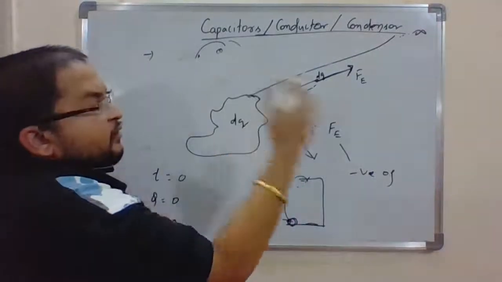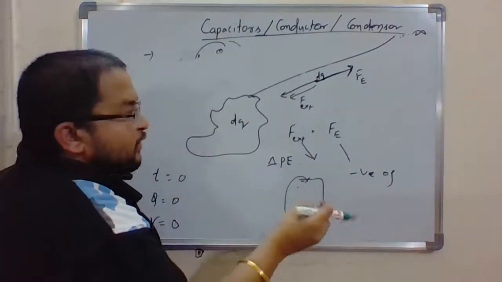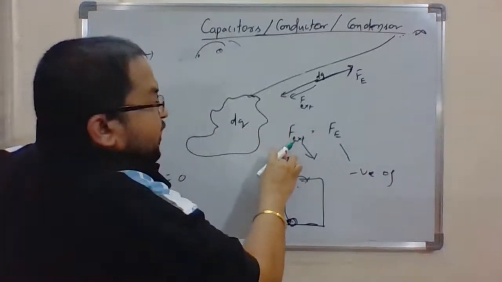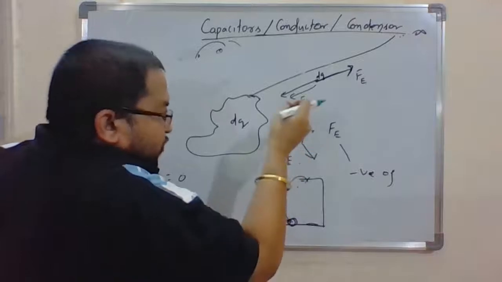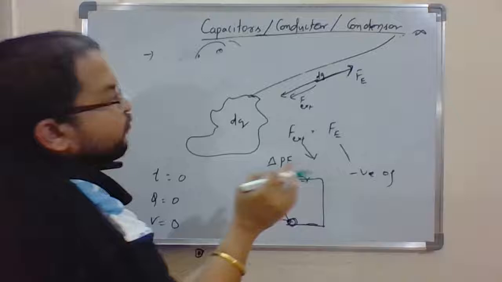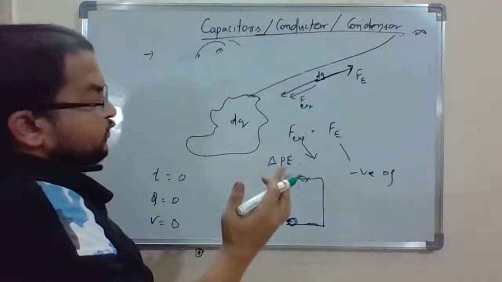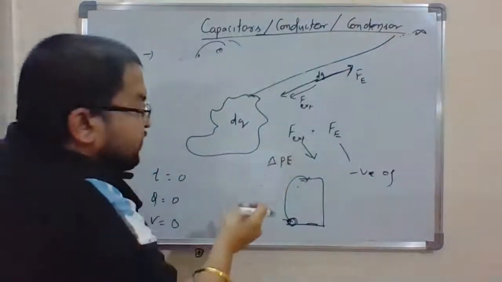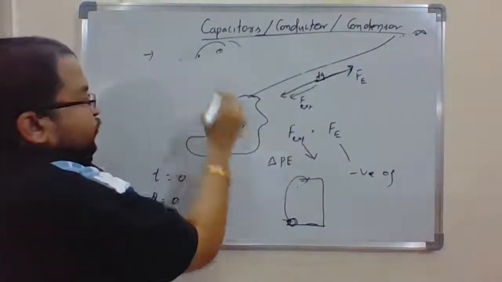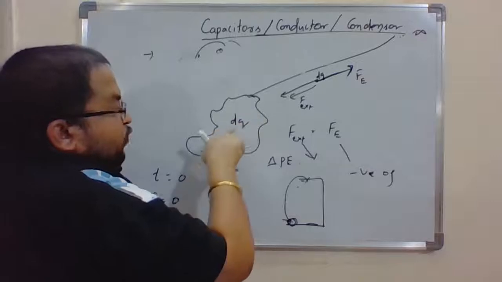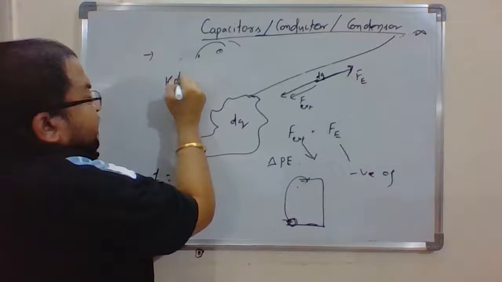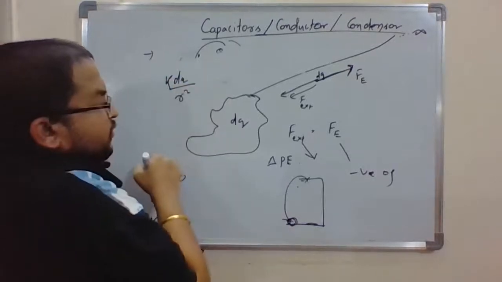I repeat, in physics, we have studied many times that potential energy is nothing but work done by the external force, or the negative of the work done against the internal force that provides the field. So when I try to bring the second dq, this charge would provide an electric field, so my electric field will be K dq by r square.